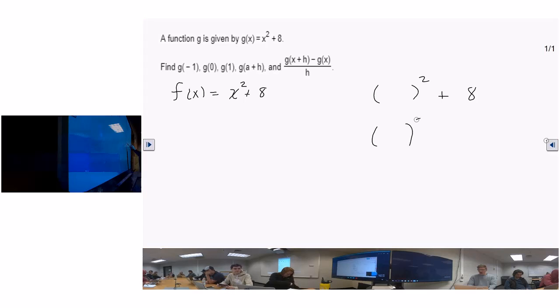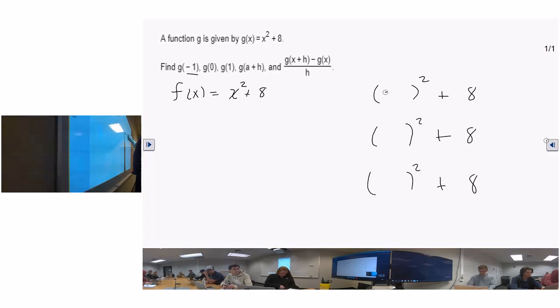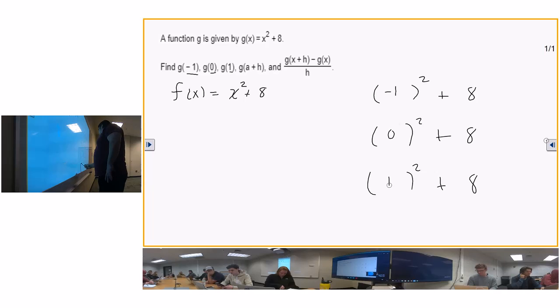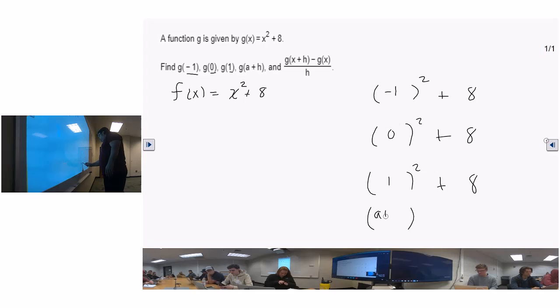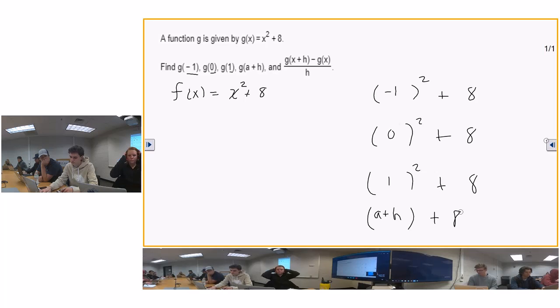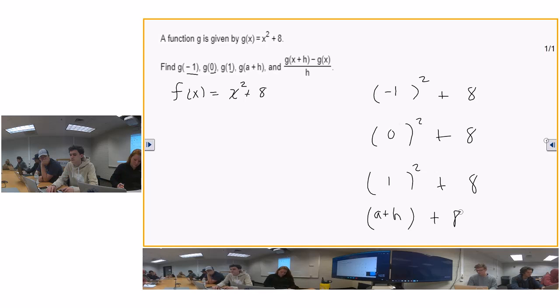Parentheses squared plus a. Parentheses squared plus a. And we're going to plug in -1, 0, and 1. And then what's the other one? A plus h. All right, so do those. Plug each one in.